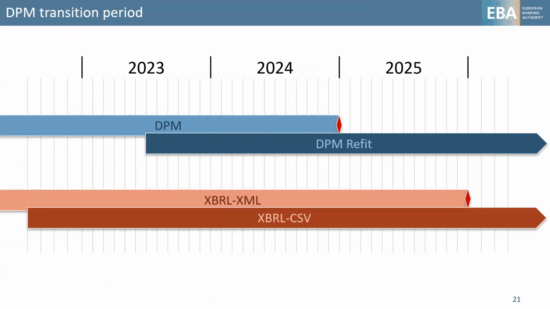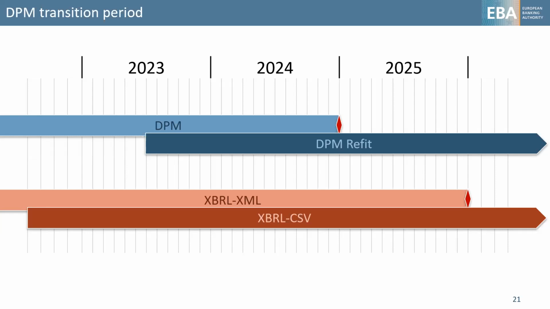And finally, this is the final slide. We need, of course, to make the transition from the current DPM to the DPM refit, and we will have a period of overlap. Currently, the DPM refit itself is at the moment already very final.